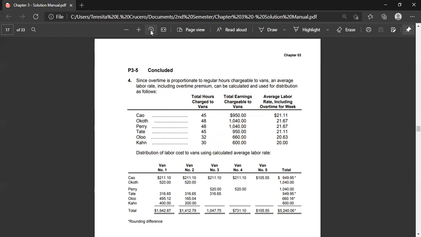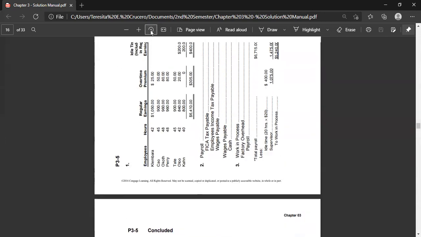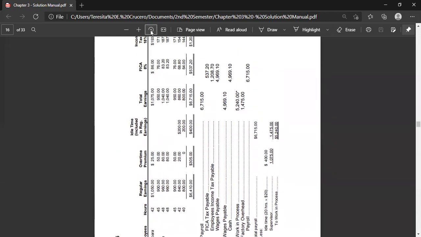So for the total earnings chargeable to vans and for the average labor rate, including the overtime. So if you look at Cow and Ocos, total earnings chargeable to vans, total earnings are 950, 1,040, and 1,040 here.